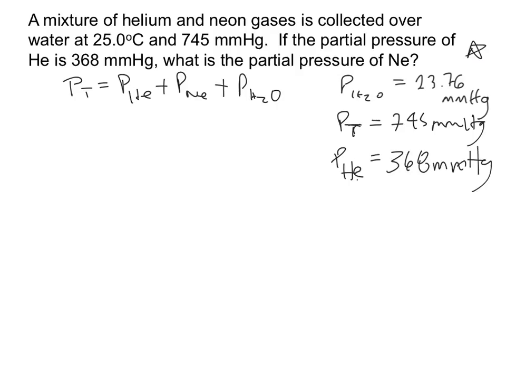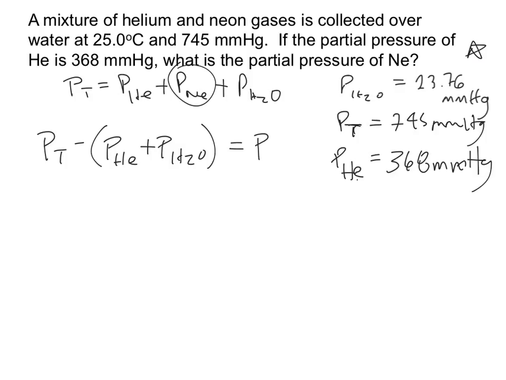Okay, so in order to calculate for pressure of neon, we're just going to do some very simple math. Okay, so basically our P total is going to be subtracting our pressure of our helium and our pressure of our H2O respectively, and that will leave us with our pressure of our unknown neon.